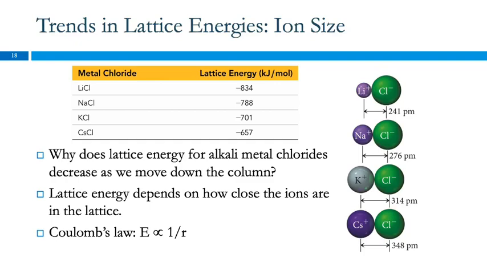So we like it if there's only one thing changing. So here we've got lithium chloride, sodium chloride, potassium chloride, cesium chloride. These metals are all alkali metals, so they're in the same family, they're similar, and we're looking at them with the same anion. So here we have depicted over here an illustration of the relative sizes of these ions.